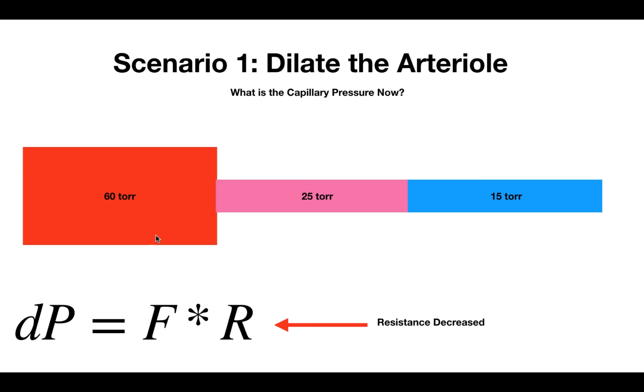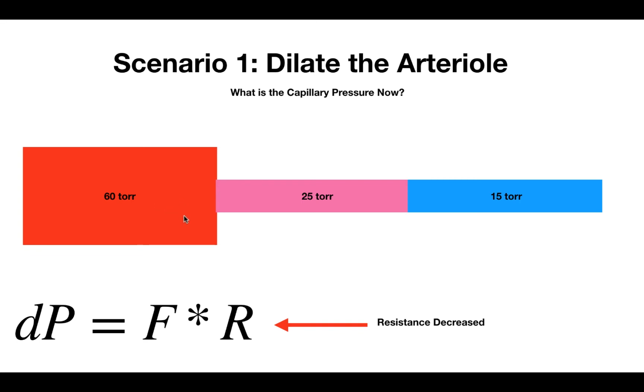So how is this going to affect the capillary pressure? Well, how it's going to affect the capillary pressure has to do with how much fluid is entering into the capillary. So whenever you dilate a vessel, you have more blood flow going into that vessel, because blood flow is actually like electrical current. It likes going down the path of least resistance. So the lower the resistance, the greater the amount of flow entering into that vessel.